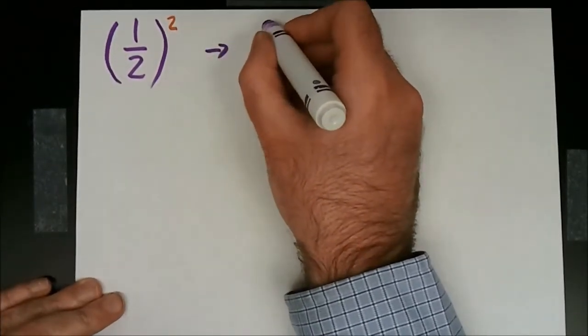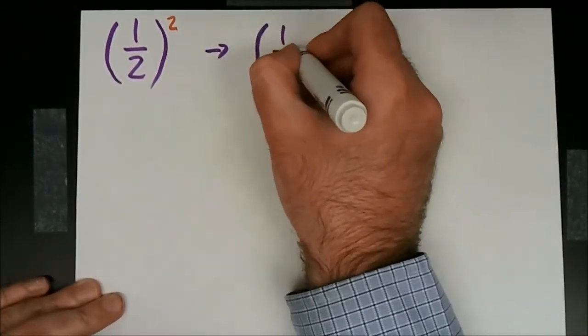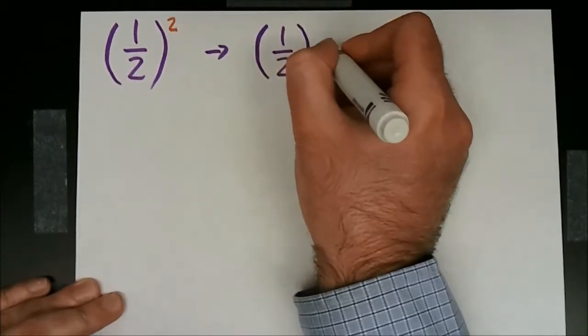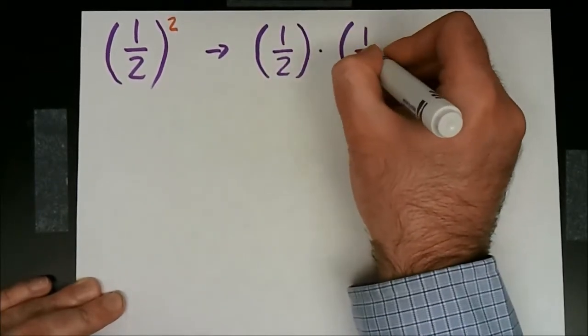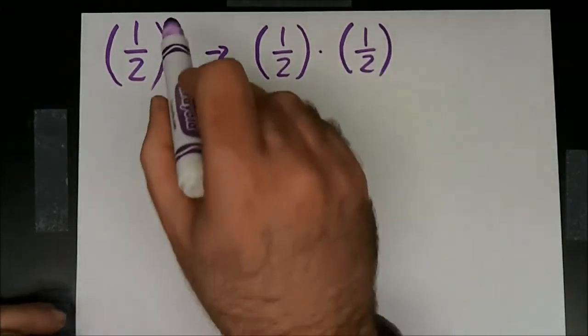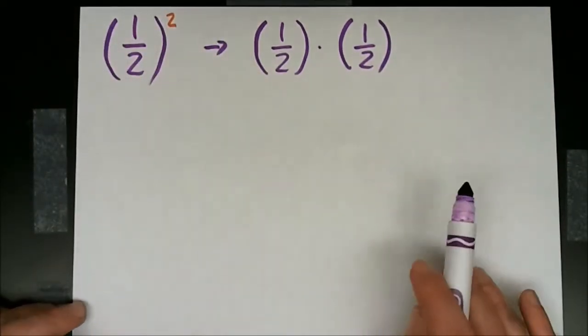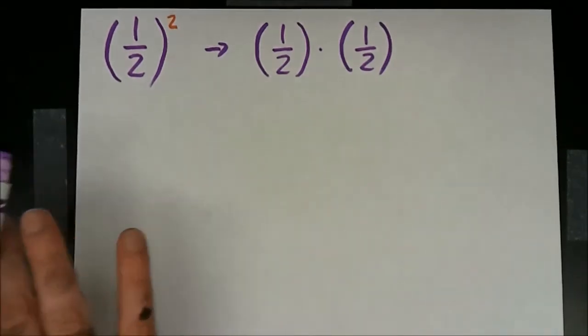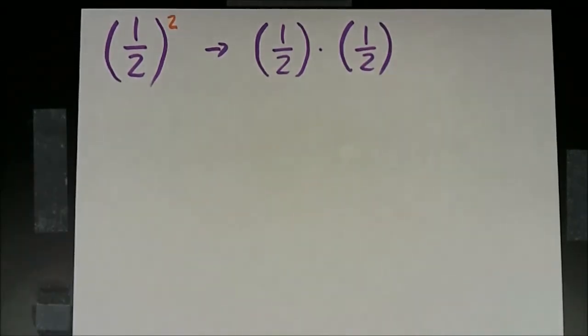It meant take the base, the half, multiply it against itself. The exponent, the 2 here, observes the parenthesis and respects it. It modifies everything inside the parenthesis.